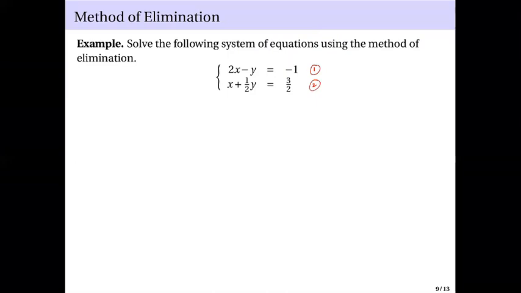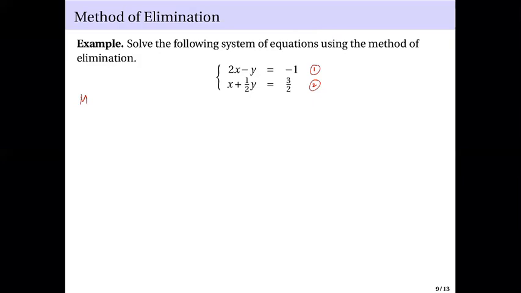So for this method of elimination again, first step, we have to make the coefficients the same for the variable. Okay? Or at least negatives of each other, as we will see in this equation later.